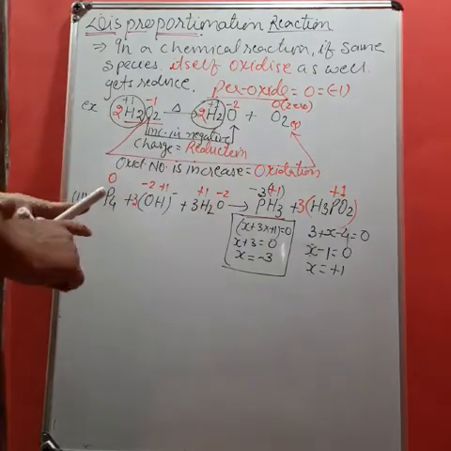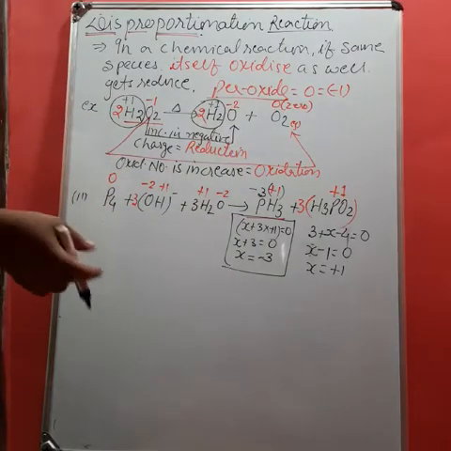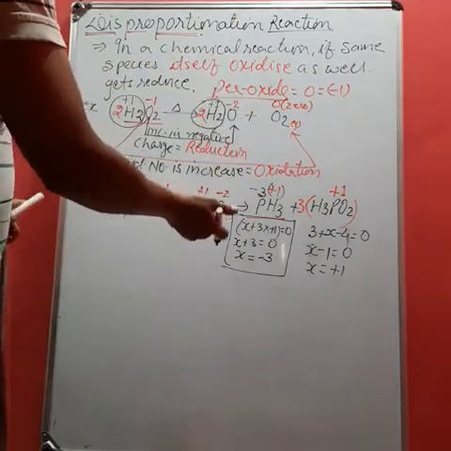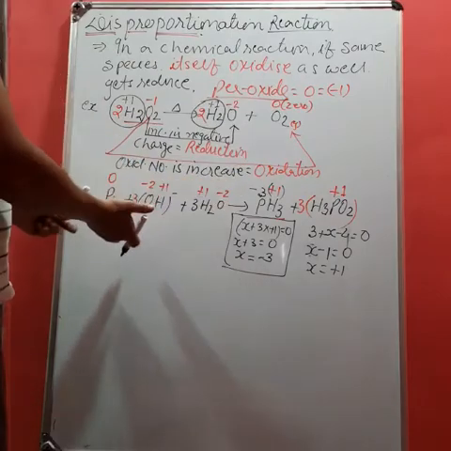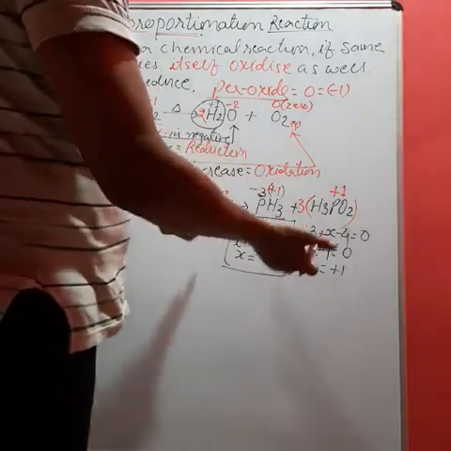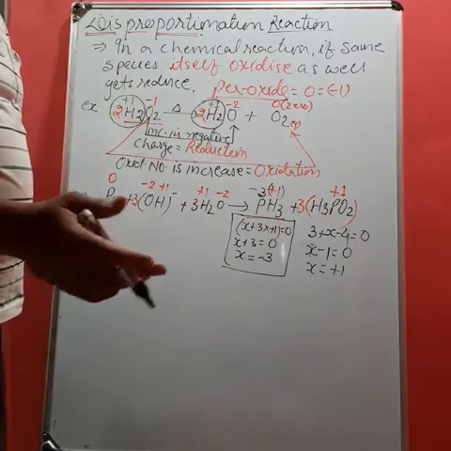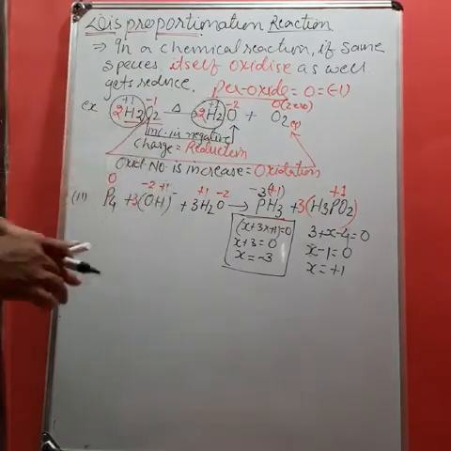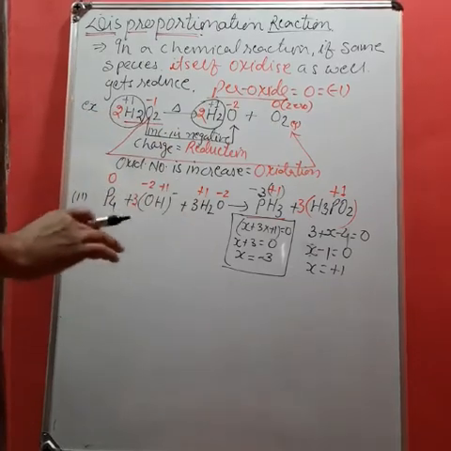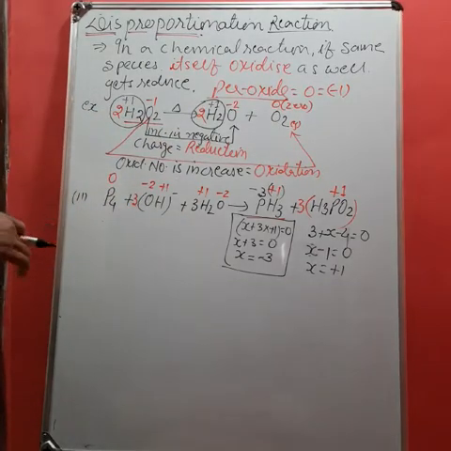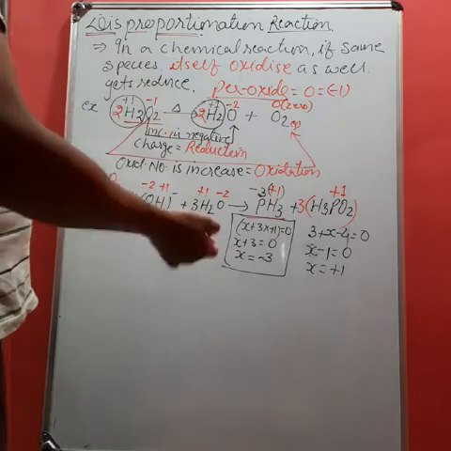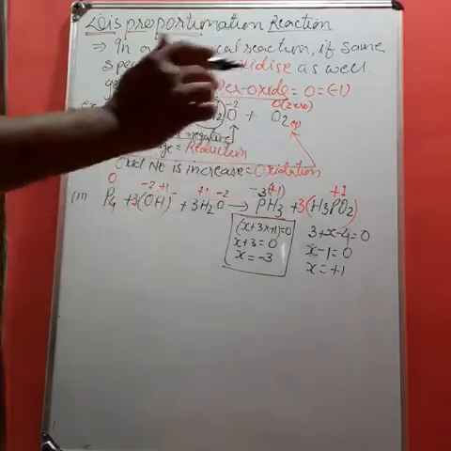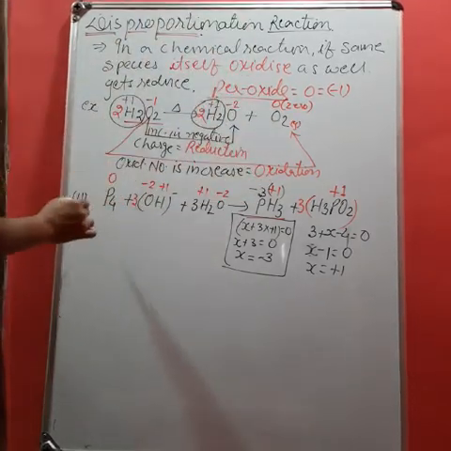Now student, the atoms whose oxidation state on the reactant side and on the product side remains the same are not oxidized or reduced, so we need not consider them. But the atom whose oxidation state changes, we have to consider. Like here, the phosphorus.